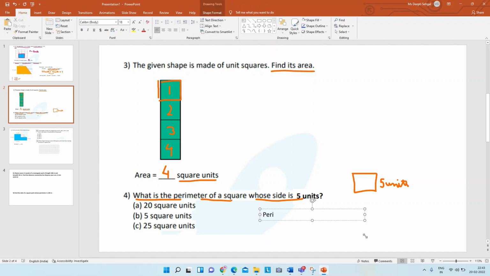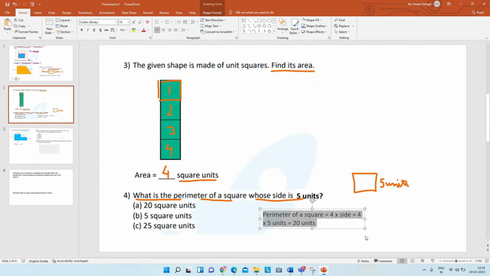So we will write perimeter of a square is equal to 4 multiplied by side. That is equal to 4 multiplied by the side given to you, 5 units. So 4 multiplied by 5 units is 20 units.